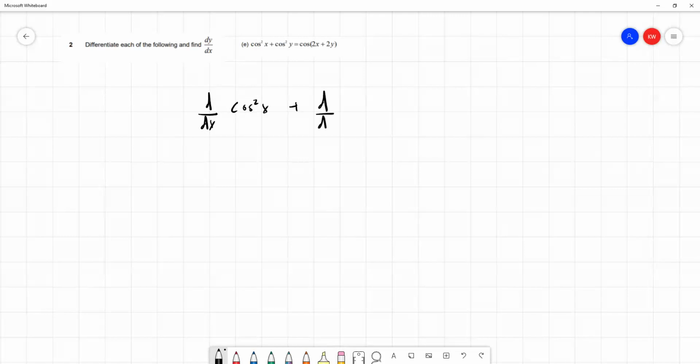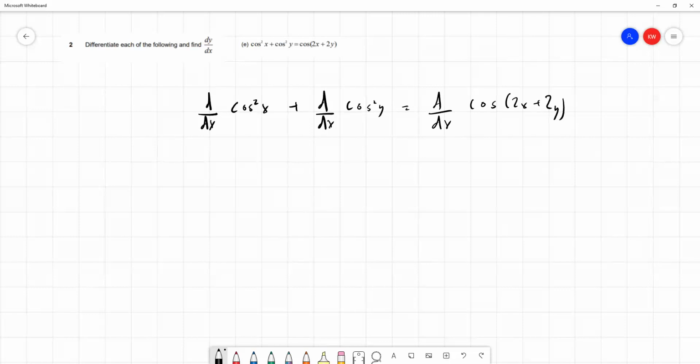So that's exactly what I'm going to do: d by dx of cos squared x plus cos squared y is equal to d by dx of cos 2x plus 2y.